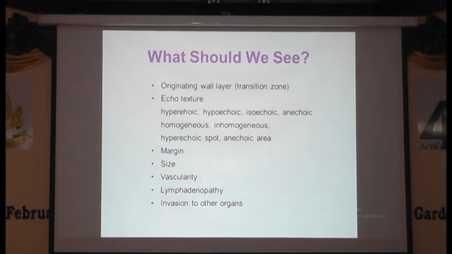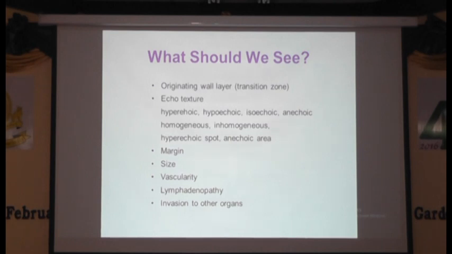So when we want to differentiate a subepithelial lesion, what should we look at? The most important thing is to find out the originating wall layer, so we should observe the transition zone. And the echo texture: is it hyperechoic, hypoechoic, isoechoic, or anechoic? Is the echogenicity homogeneous or inhomogeneous?